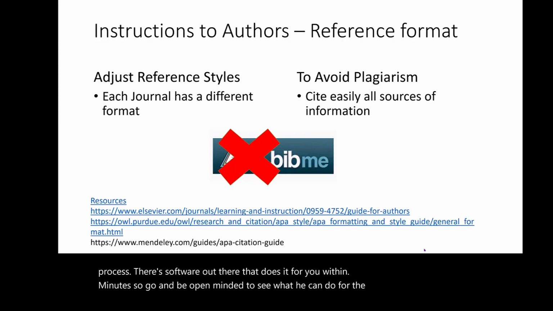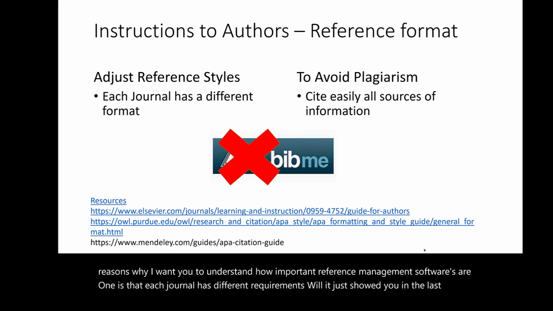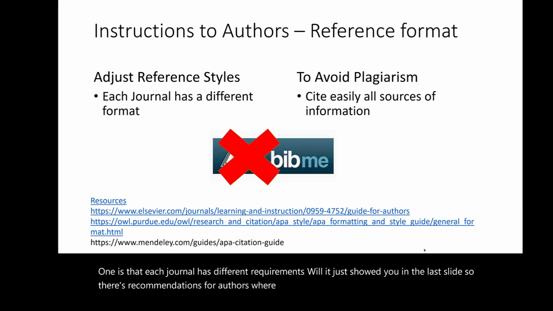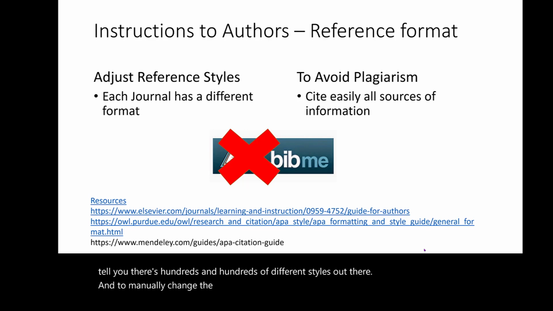There are 2 other reasons why I want you to understand how important reference management software is. One is that each journal has different requirements, what I just showed you in the last slide. There are recommendations for authors where you can see exactly their specific style. And I can tell you there are hundreds and hundreds of different styles out there, and to manually change the references can be definitely challenging.